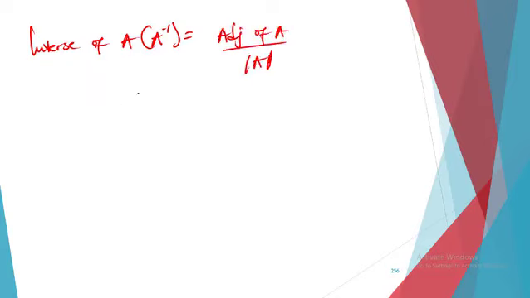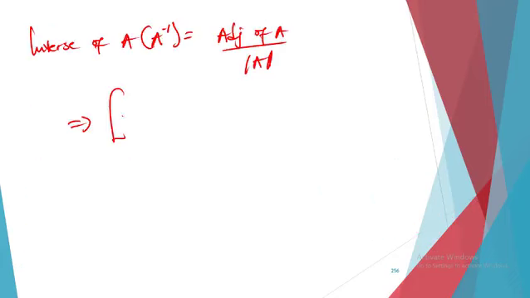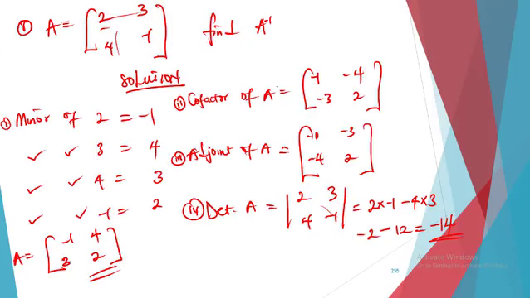So now the inverse of A, written as A raised to the power minus 1, is equal to adjoint of A all over determinant of A. And our adjoint of A is given to be minus 1, minus 3, minus 4, and then 2, divided by our determinant of A, which is minus 14.